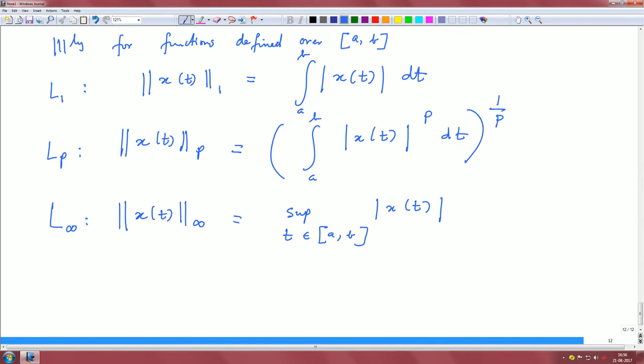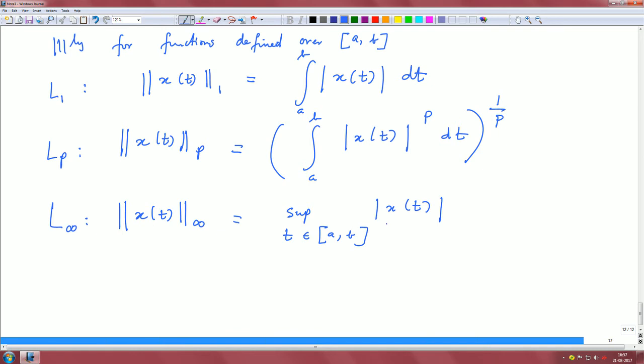It is a supremum of the absolute value of x(t) over this interval a to b. You might not exactly get the maximum value, and therefore you have a supremum, because it is the tightest upper bound that you can get for this quantity.